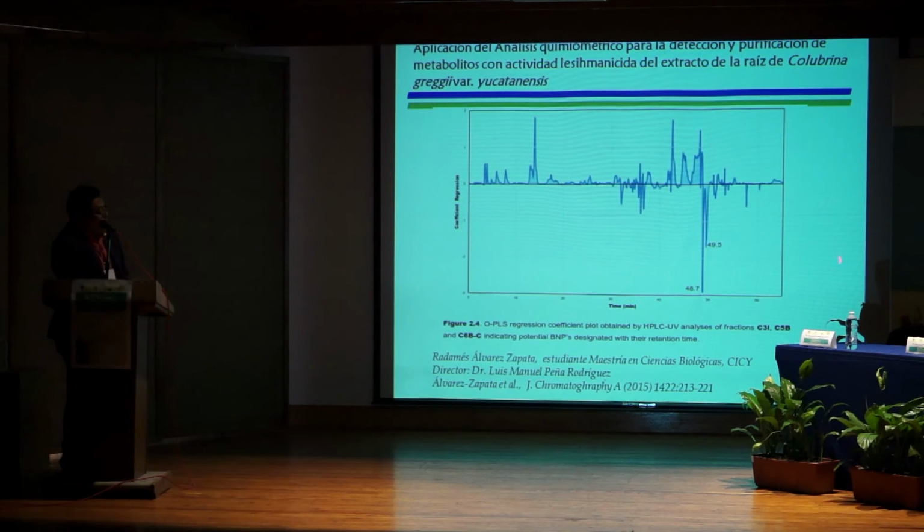Once we managed to isolate these components, we still don't know what the molecular structure is. However, when we did the bioassay of those two peaks that we isolated, we found that they were very potent compounds.